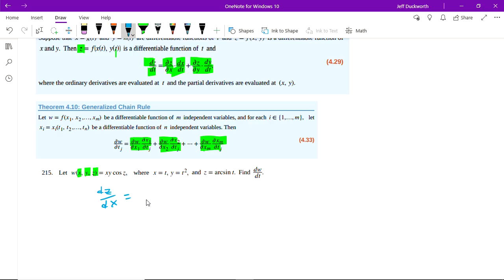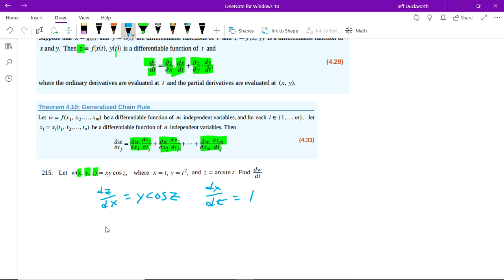We treat the y cosine z as a constant, and then the derivative of x is just 1, so that would be y cosine z. That's the derivative of w with respect to x. And then dx dt would equal, well, x equals t, so the derivative of t would be 1. So that product will give us y cosine z times 1.